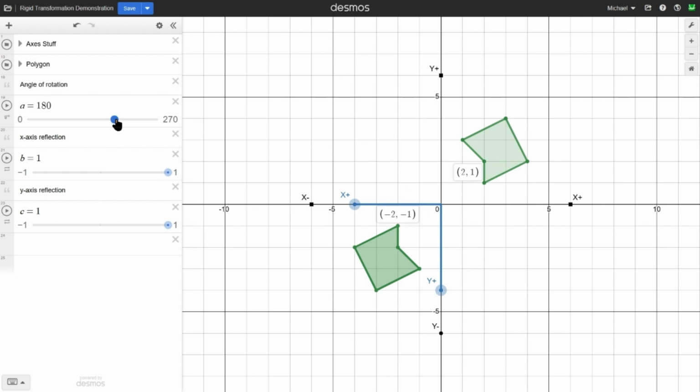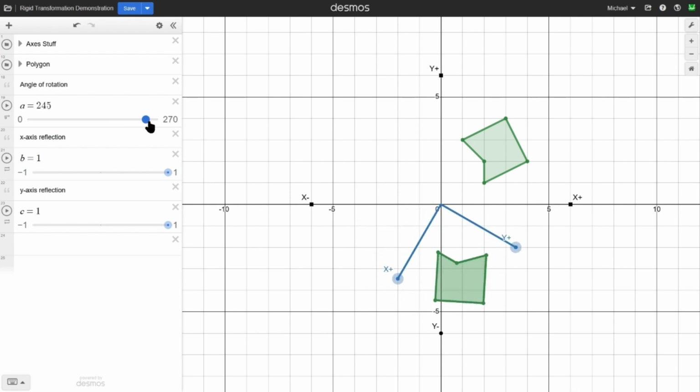Now, if I go ahead and flip around to 270 degrees, if I look at my corresponding points, you'll notice my y value is now in line with the positive x-axis. My old positive x-axis is in line with the negative y-axis, giving us the result of (y, -x).